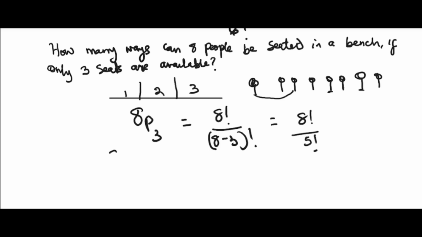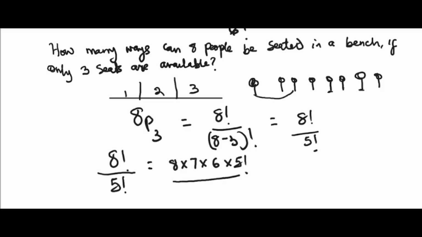So you have your 8 factorial over 5 factorial to be equal to 8 times 7 times 6 times 5 factorial all over 5 factorial. So these two will cancel out.